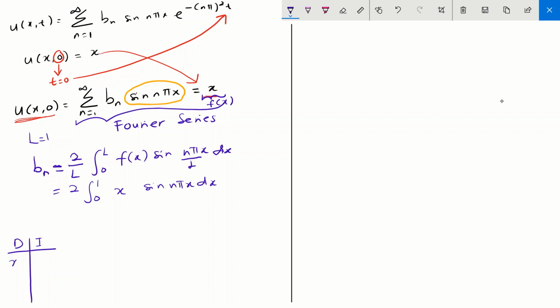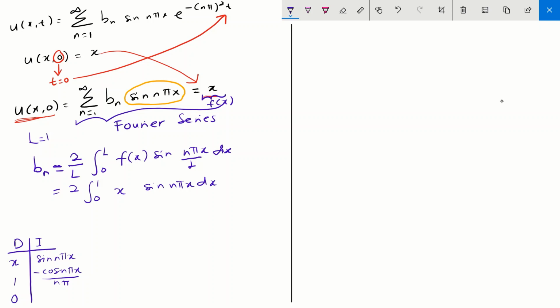I'm going to choose x as the function that we differentiate. Differentiating x gives 1, differentiating again gives 0, and the function that we integrate is sine(n pi x).